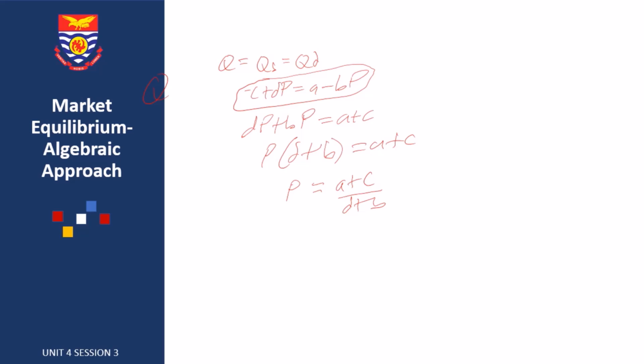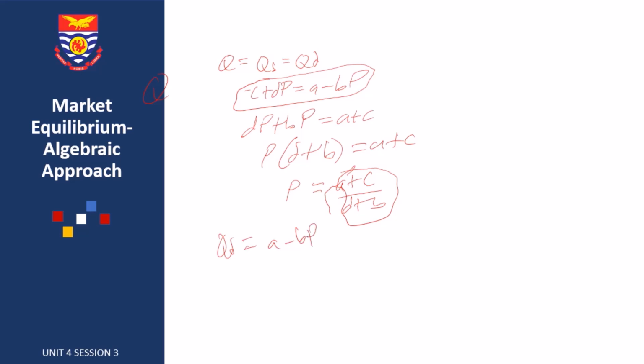Addition is commutative. And for the equilibrium quantity, we can replace this P we have gotten here in either the supply equation or the quantity demand equation. Assuming I slot it into the quantity demand equation, I have QD equals A minus BP.